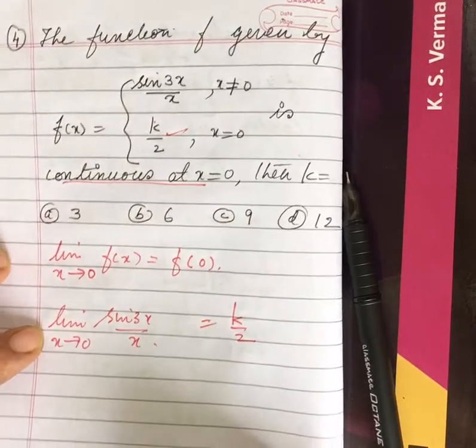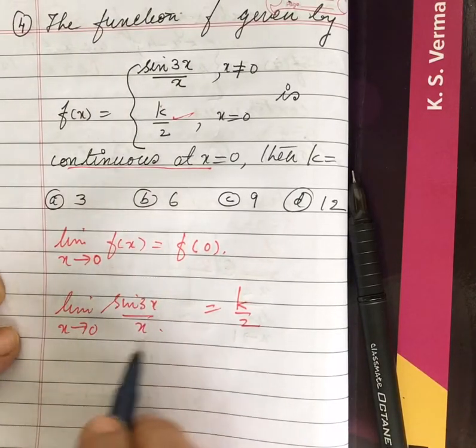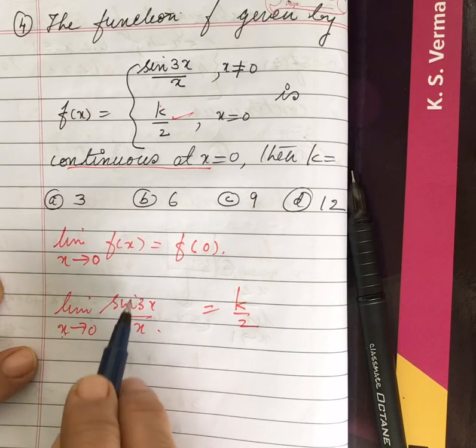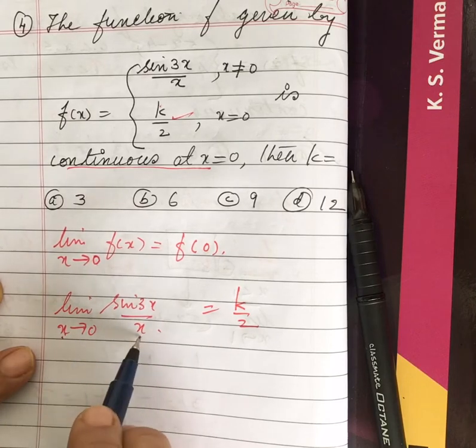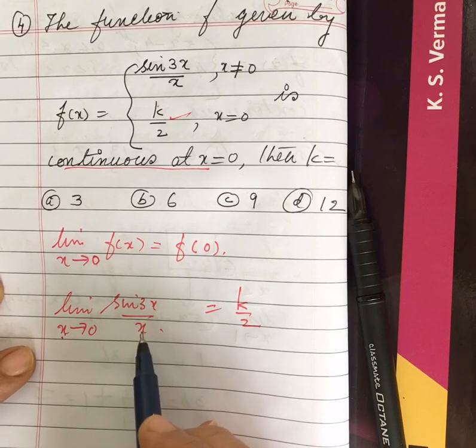Now children, what you do is you can apply L'Hospital's rule here. You need not go for the standard limits and all. Whenever you are getting undefined form, when you put x equal to 0, the denominator is 0. It is not defined.